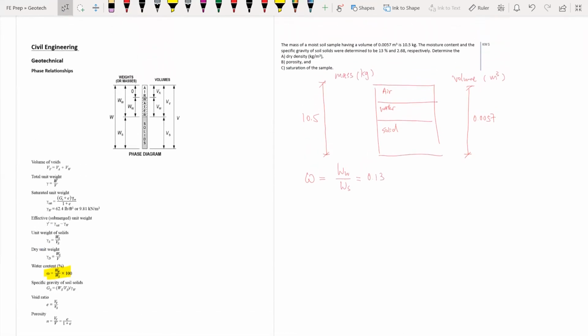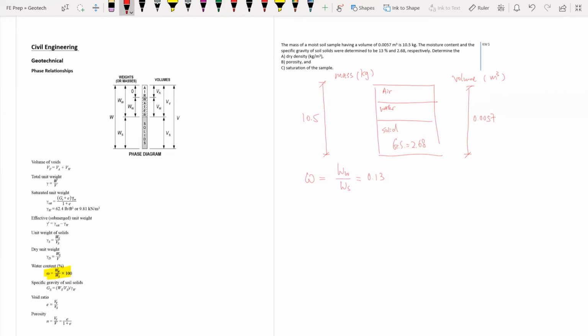And the specific gravity is given as 2.68. Again, we want to fill in our phase diagram because we always want to complete our phase diagram before we get to answer the parameters. In this case, part A is the dry density, part B the porosity, and part C the saturation.